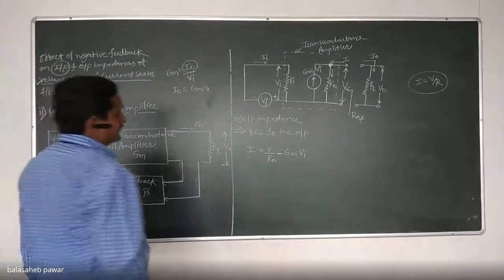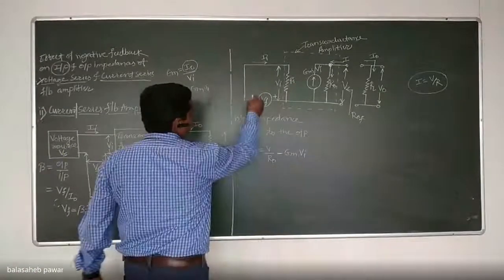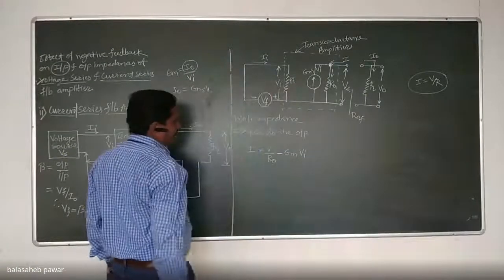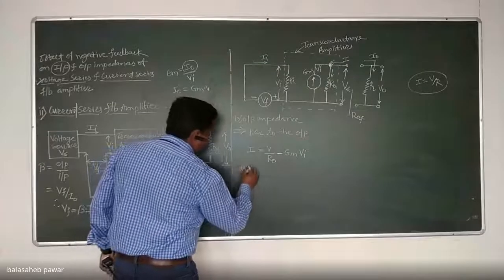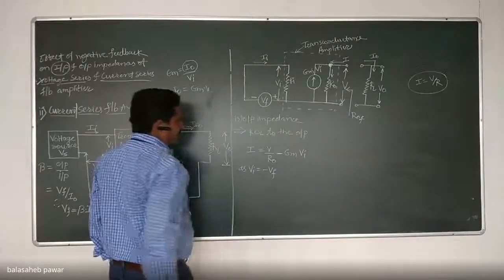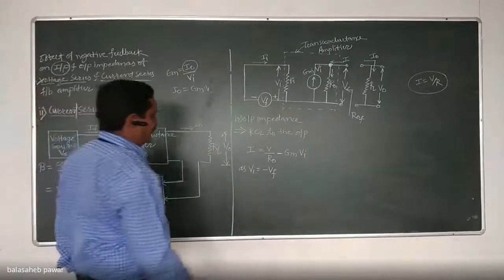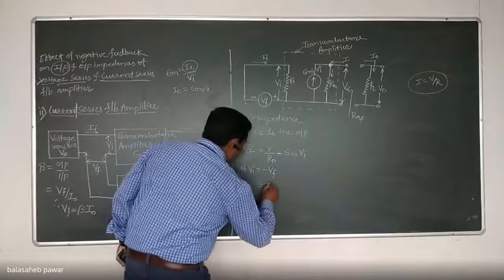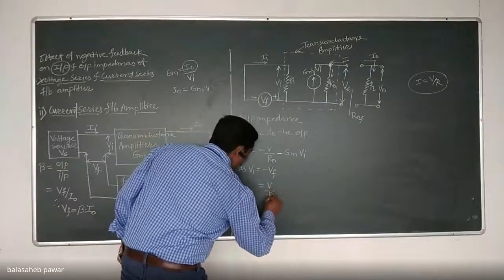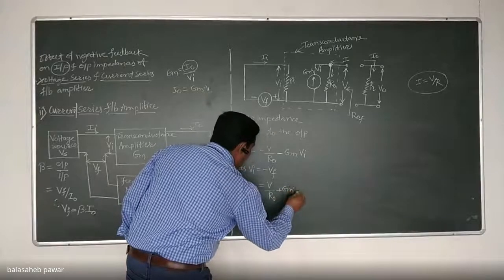Now, how much is VI? Looking towards the input side, VI equals minus VF. Agree? Therefore, the same equation becomes V by RO plus GM into VF.